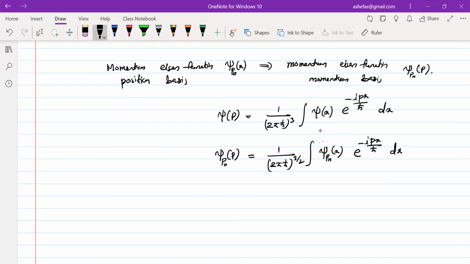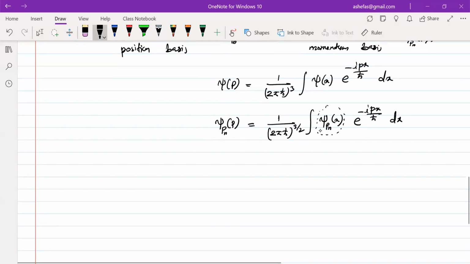So we already know the expression for psi Pn of x. So what was the expression? It is equal to 1 by (2 pi h cross)... Okay, I think all raised to 3 by 2 is not required here. All raised to 3 by 2 is required in case of a 3-dimensional problem. It is a 1-dimensional problem, so all raised to 1 by 2 is enough.